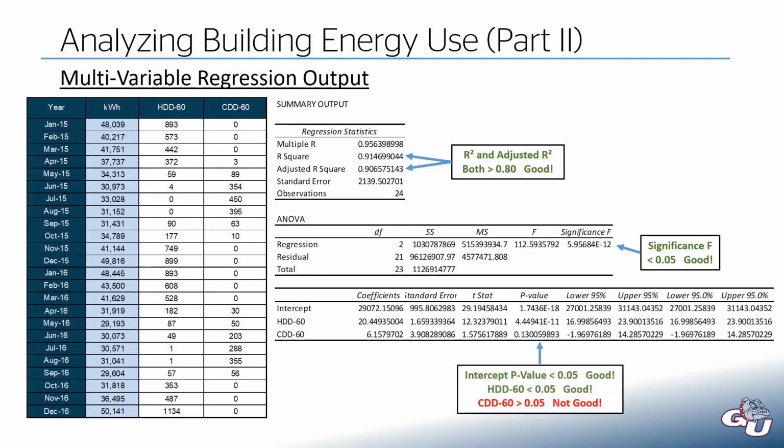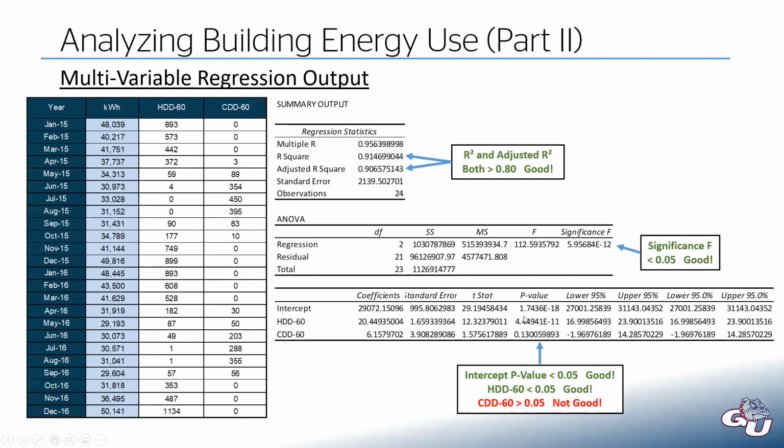And then the p-values, which we have one for each variable and actually one for the intercept as well. That intercept p-value, 1.74 times 10 to the negative 18, extremely low. Heating degree day 60, also extremely low.